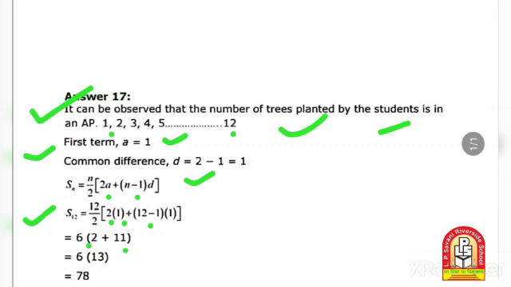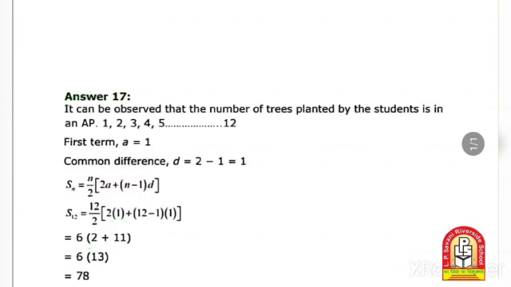So 13 into 6, that is 78. In this way you can find any arithmetic progression and the sum of that. So the first 12 terms have sum 78 respectively. In this way you can solve any kind of examples.